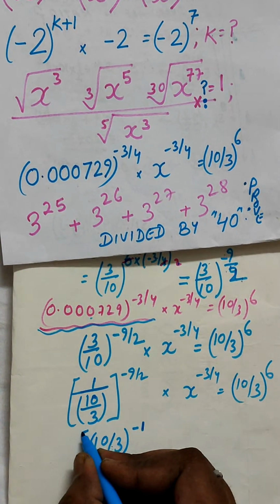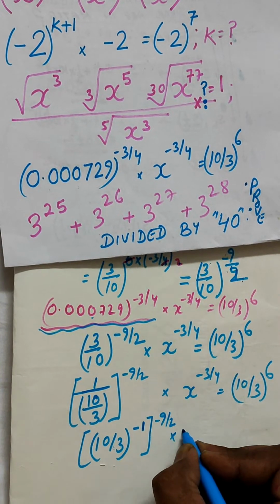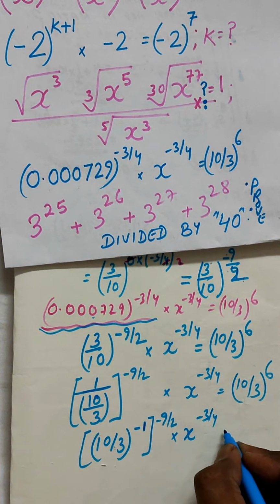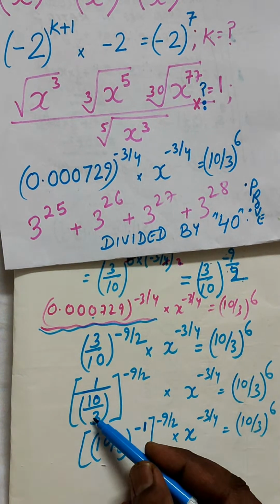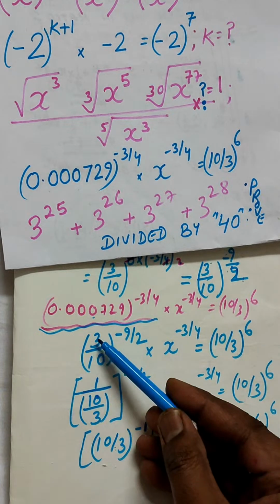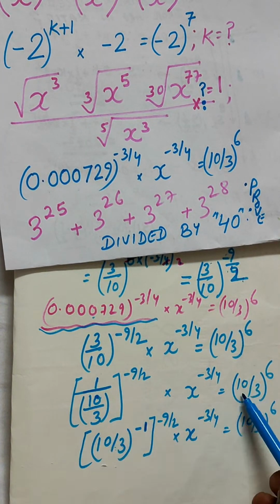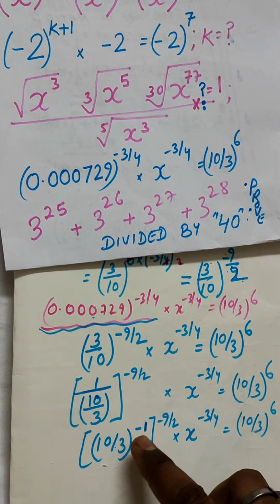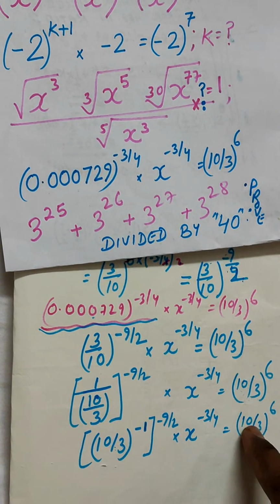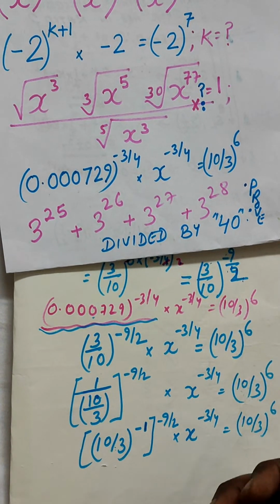So 10 by 3 power minus 1 into minus 9 by 2 into x power minus 3 by 4 equal to 10 by 3 power 6. Why did we change 3 by 10 into the form of 10 by 3? Because you can see in the RHS it's 10 by 3, right? So just to make it similar, we did it. The bases are same, you can see. It's easy to find the value of x now.